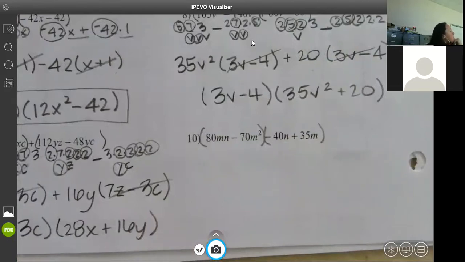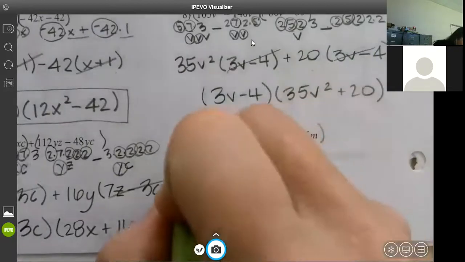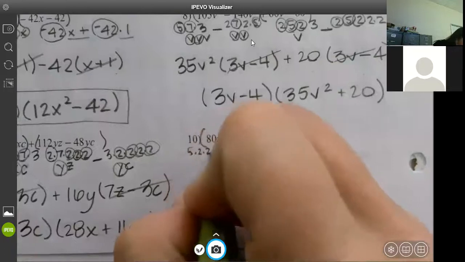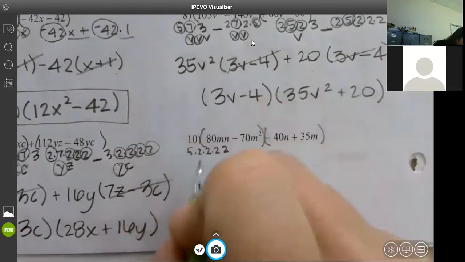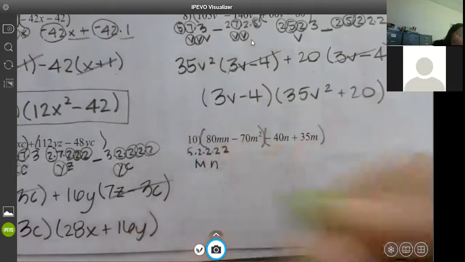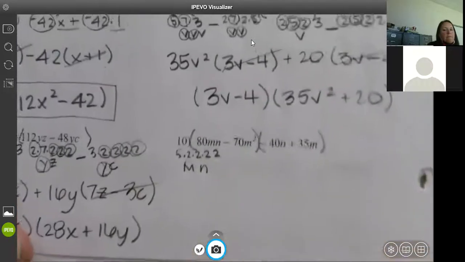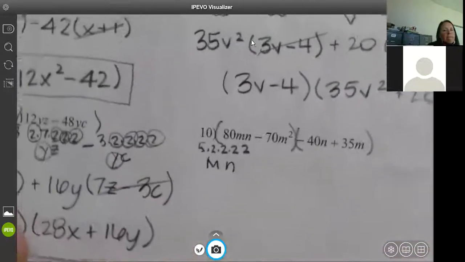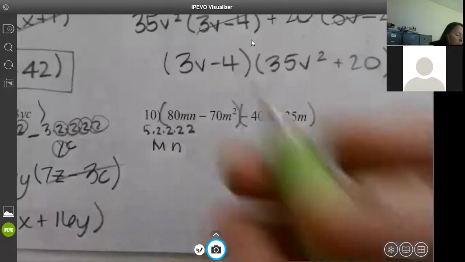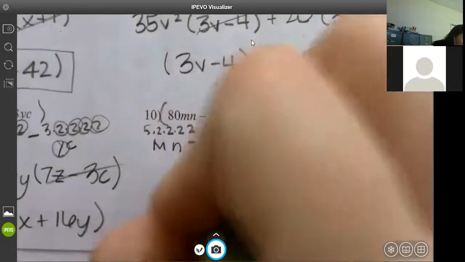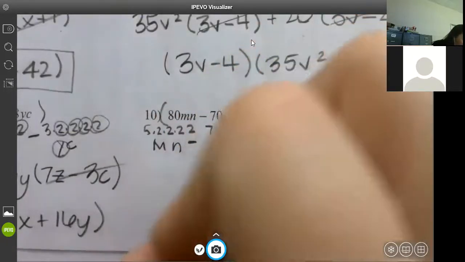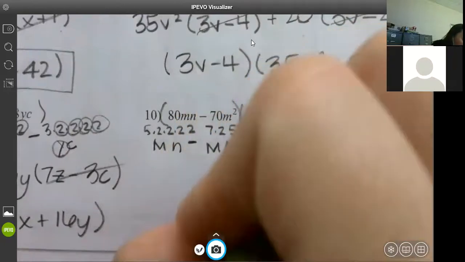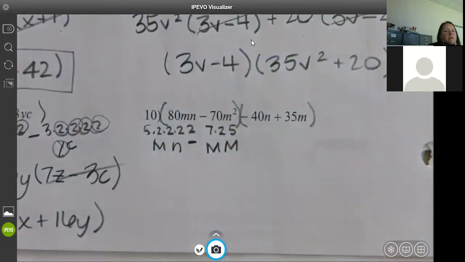What are they? 10 and 8. 10 is 5 and 2. 8 is 3 2s. We have an M and an N. We have a minus. 70 is 7 and 10, which is 7, 2, and 5, and 2 M's.